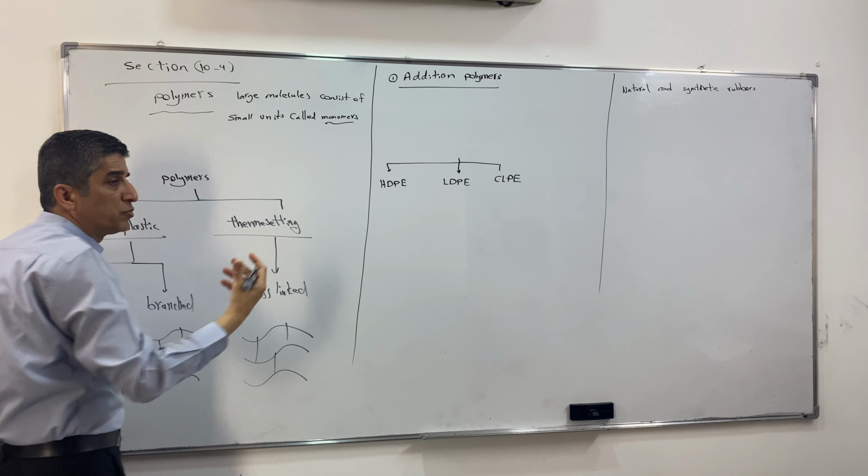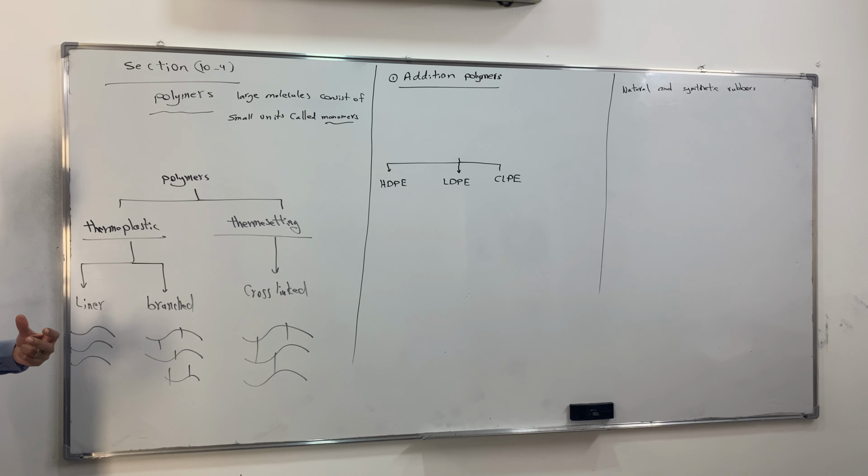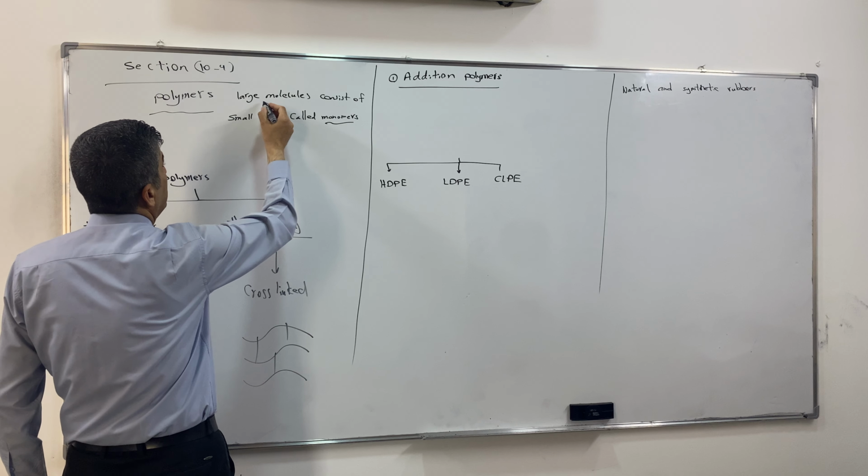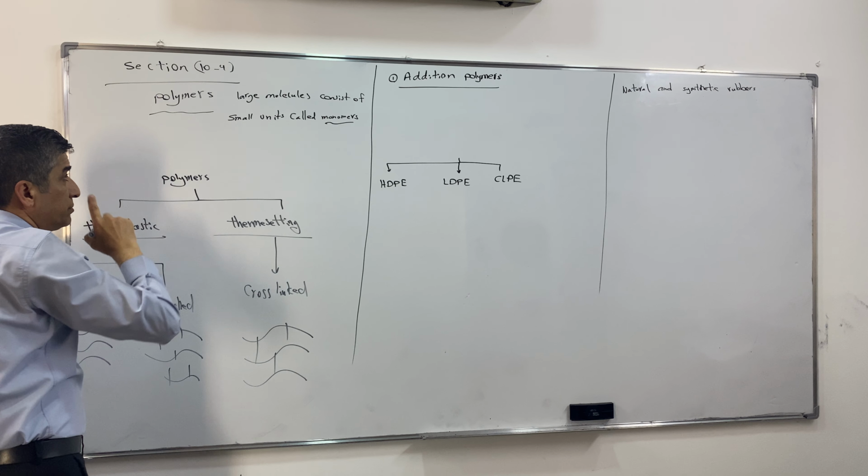The monomers are small units contained in the polymer, and the polymer is the big molecule, and you must distinguish between them. It is very, very important.